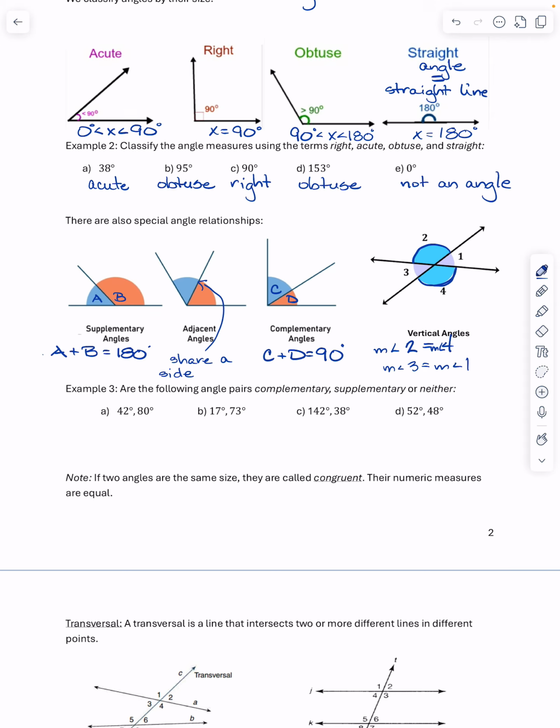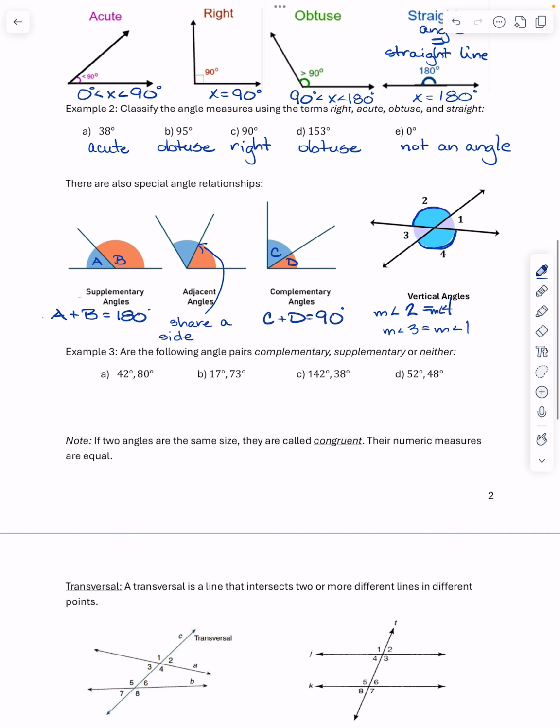Example 3, we're asking if these angle pairs are complementary, supplementary, or neither. Again, you can go ahead and hit pause here, give them a shot, and then come back. To determine whether something's complementary or supplementary, I've got to add them together. So I'm just going to go ahead and add these.